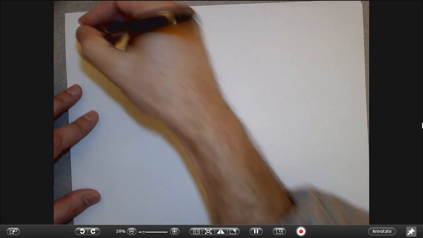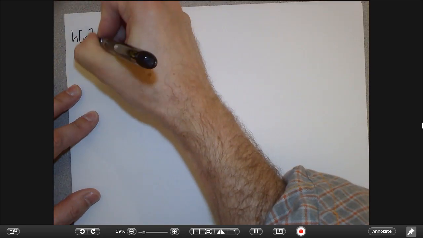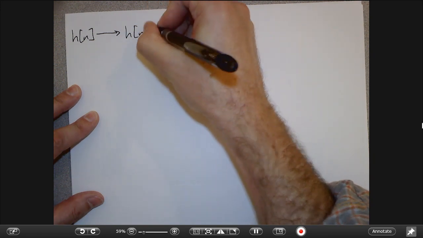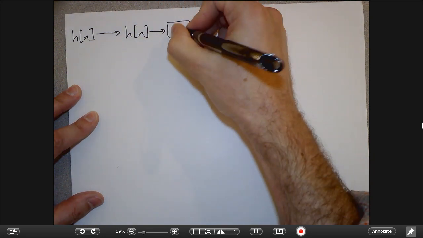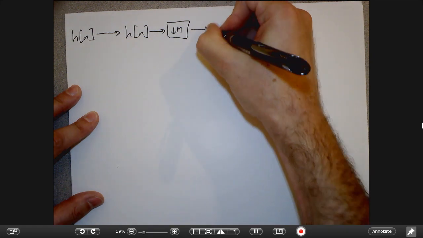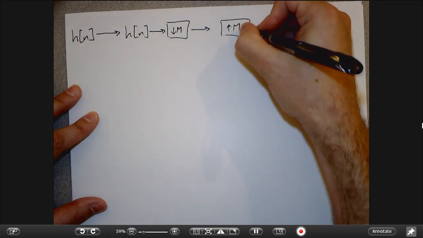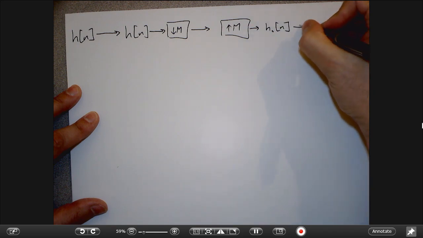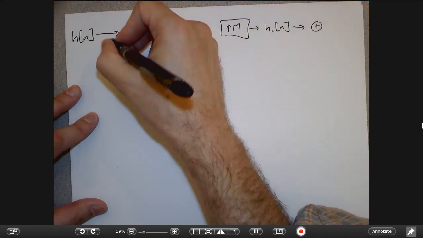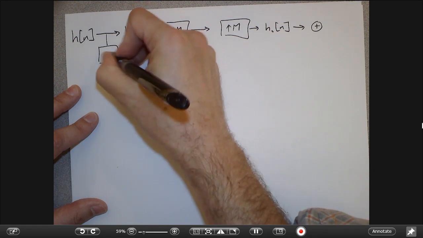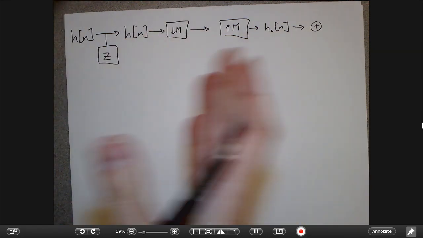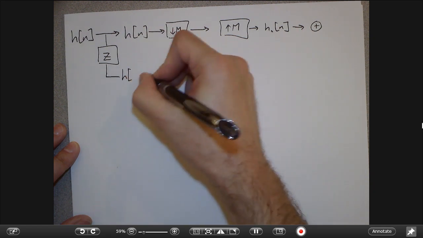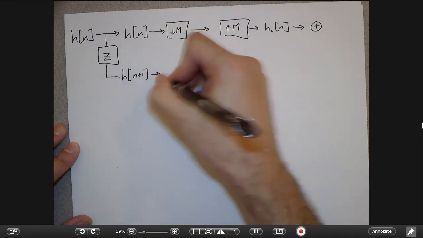That's like saying, okay, my first branch, I don't do anything, and that corresponds to the same thing here. I downsample, then I upsample, then I get my guy here. Then here, I would delay the signal, but it's like shifting it to the left instead of to the right. What I get here is h of n plus 1.